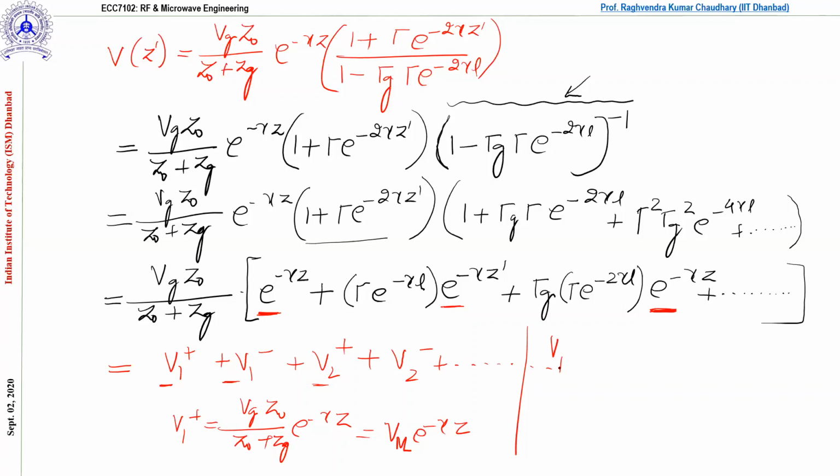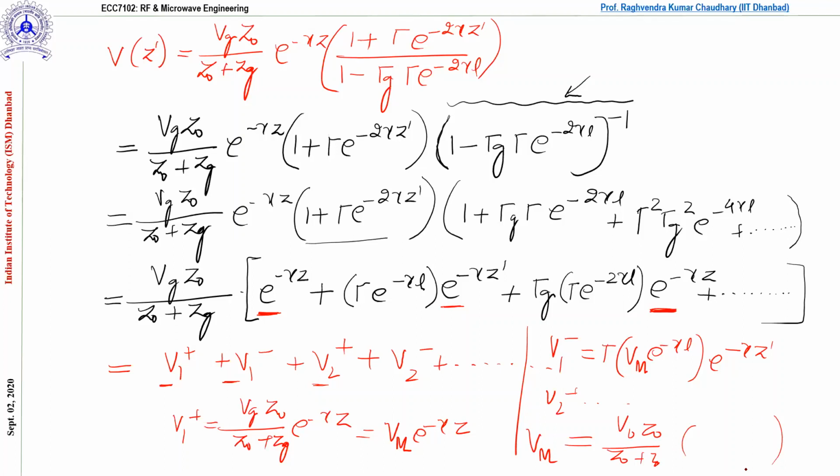Similarly, V1 minus is here gamma capital Vm e to the power minus gamma L e to the power minus gamma L dash, and V2 plus like that. So finally, we can write the Vm, mth wave or voltage wave, these things, and you can manage like this. V naught, Z naught over Zg plus Z naught, and these terms. Fine. So the thing is, now we have the idea.